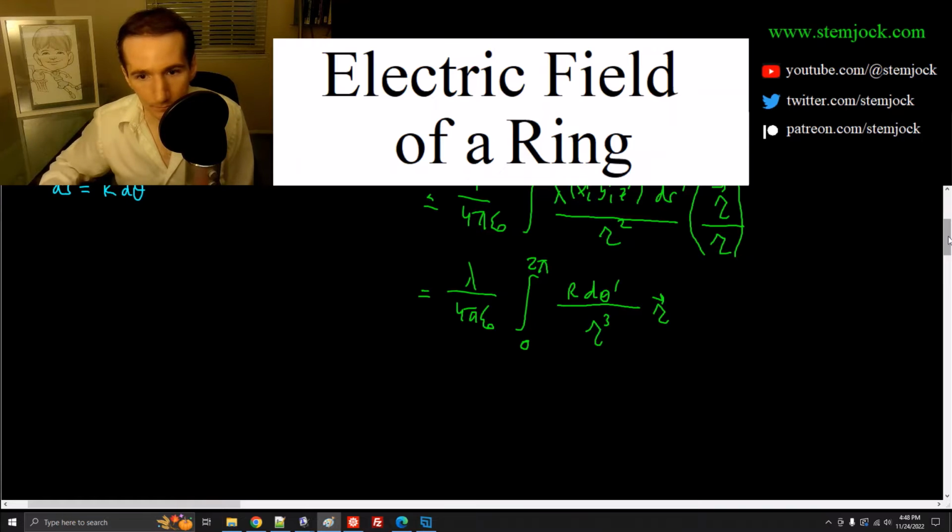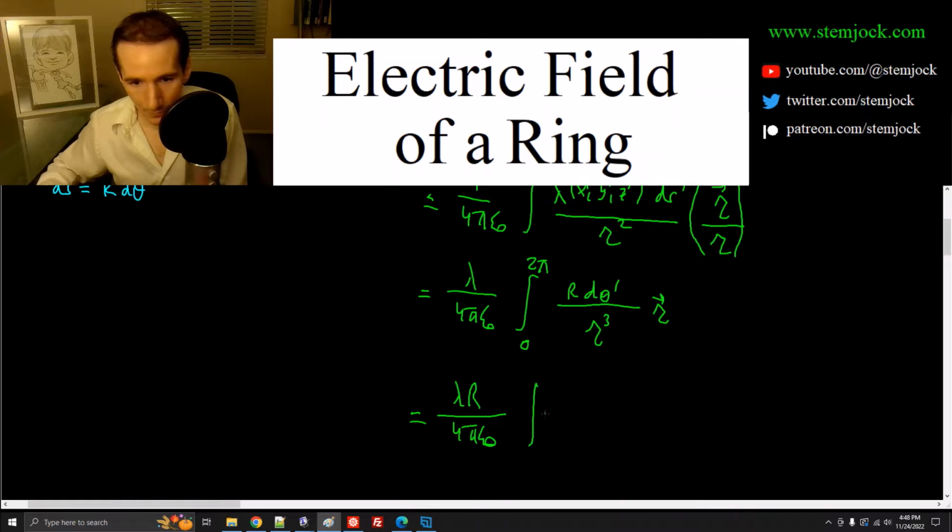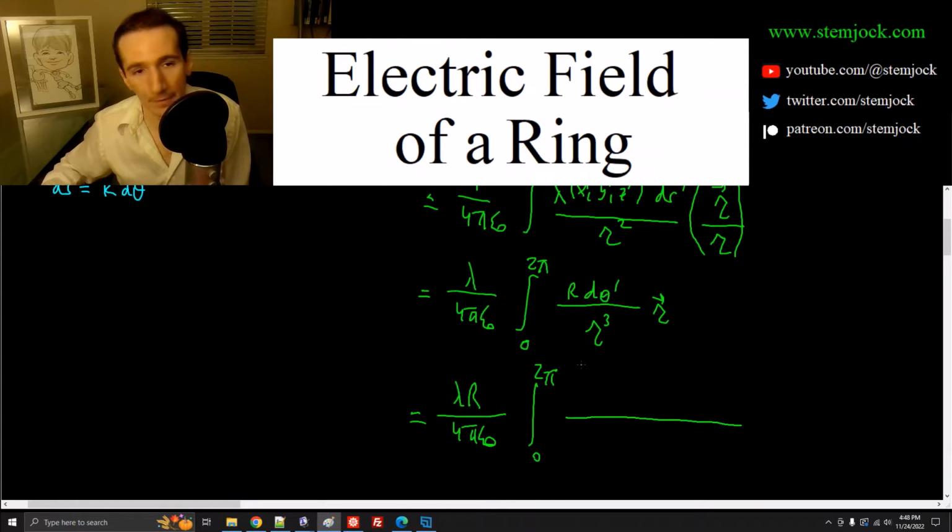And the radius R is a constant as well, so I can pull that out in front. So this is lambda times R over 4 pi epsilon 0, integral 0 to 2 pi. And now I have to write the expression for r, the vector r, and its magnitude.